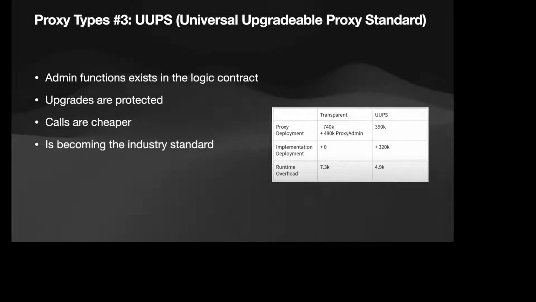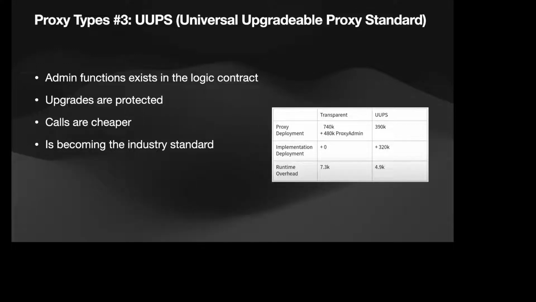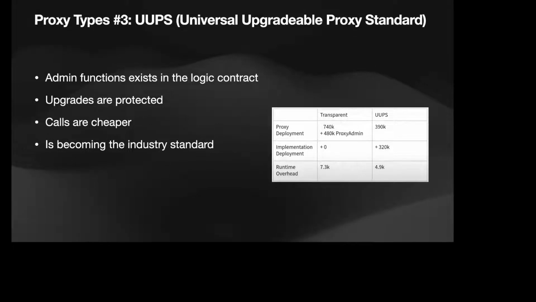Any other thoughts? I had a question about the UUPS. There's nothing that indicates to the callers of the function that the underlying proxy contract has been upgraded, right? You could be interacting with contract A, and then on day 2 they could have changed it. Correct, and you don't necessarily know.